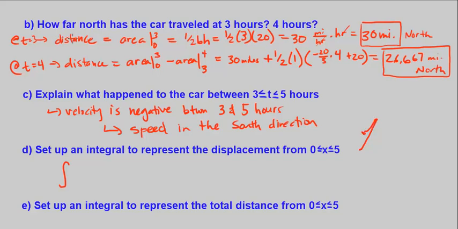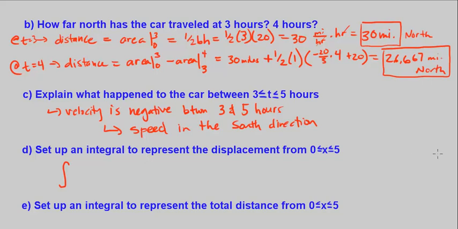Just like we did in part B, we subtracted this area because it was negative speed, meaning distance was going backwards, because we were asked how far north it was traveling, and it was going south from 3 to 4.